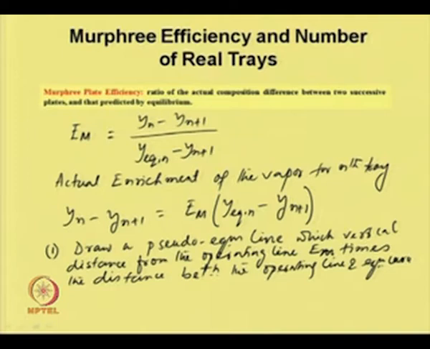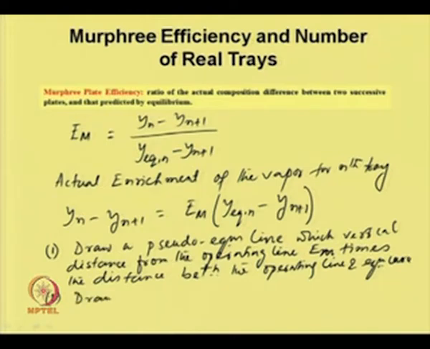We have to draw this pseudo equilibrium line, where the vertical distance between the operating line and the pseudo line is EM times that, and then do the staircase construction as we did before.